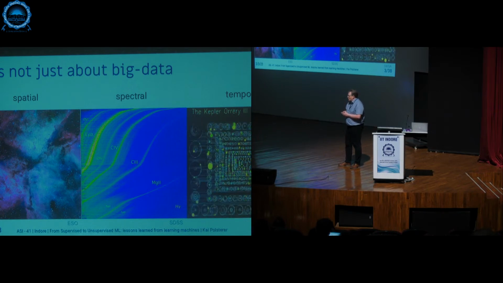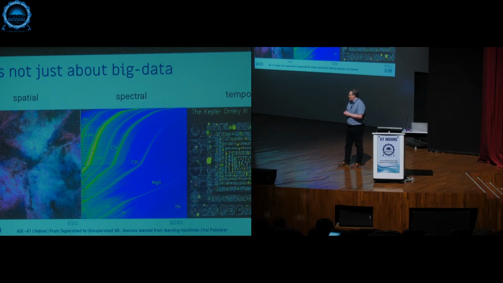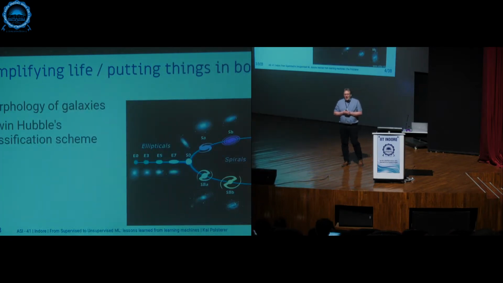What we talk about is the complexity of the data, and that's a nice and challenging thing astronomy offers. We have spatial structures, we have spectral structures, and we have temporal structures. So back then, I was getting involved in a project. And how is our brain working?